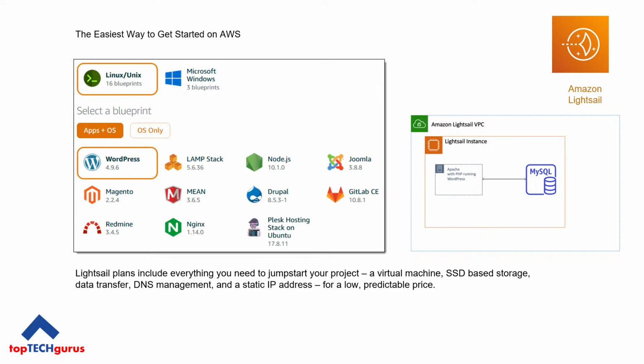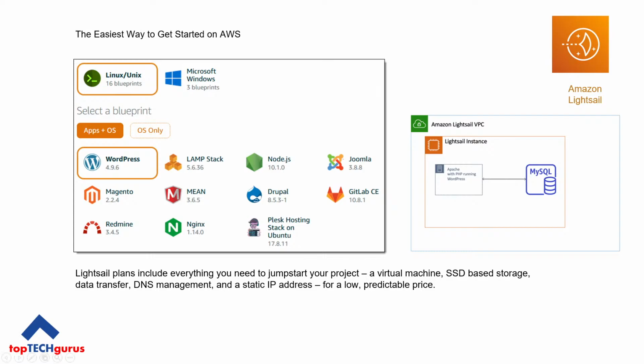But with the Lightsail instance, you can go in there. The image to the left shows that you can choose Linux, Unix blueprints or Windows blueprints, and within that you can just choose OS only, or in this case they've chosen apps plus OS. So you can choose what kind of applications you need on top of the OS. For example, here they've chosen WordPress.